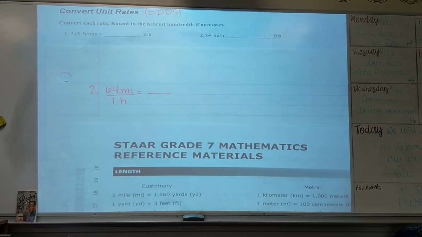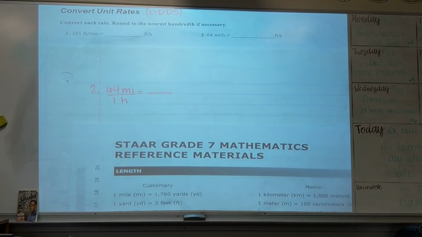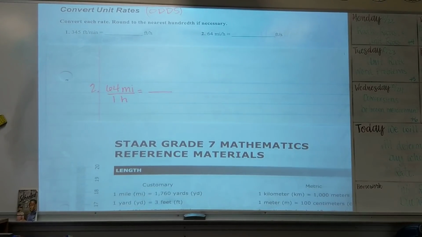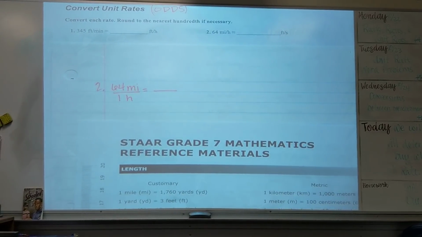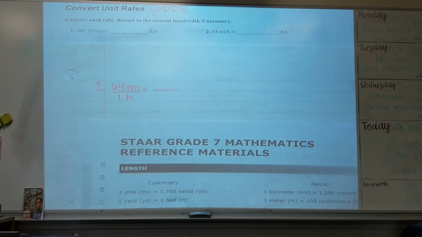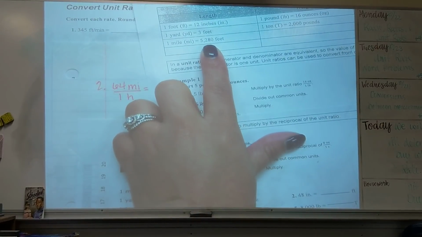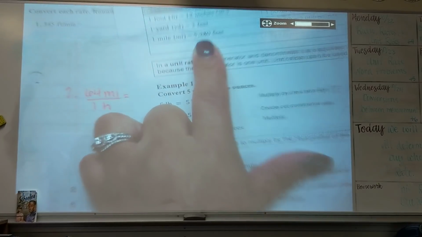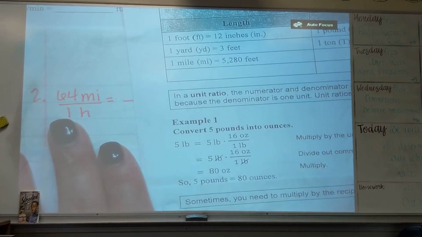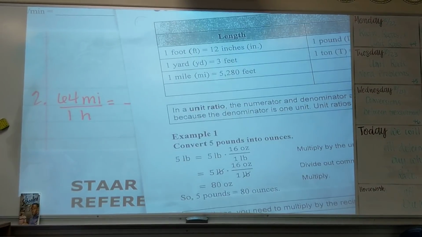Is that what it was? Yes, from yesterday? Wait, it says miles to yards. Let me see your paper. Right, from yesterday's paper, 5,280 feet, right? For a mile? Oh, that paper? Yes, this paper.